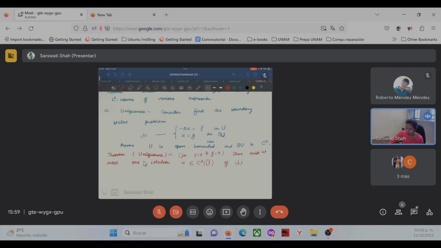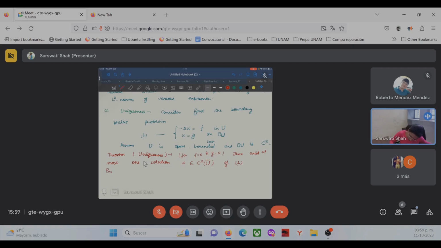So if it is a Laplace problem with zero boundary condition, then there will be at most one solution, because for the Poisson equation, if you guys remember, we were talking that it may have more than one solution, but when it is a Laplace equation with the zero boundary condition, then it will have at most one solution.